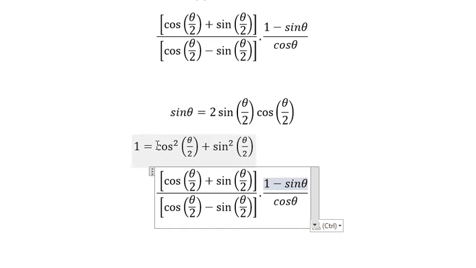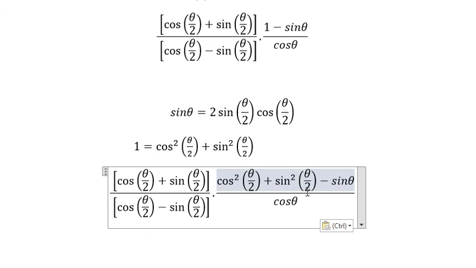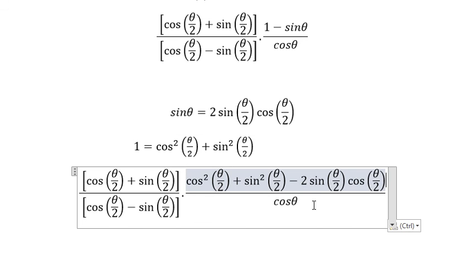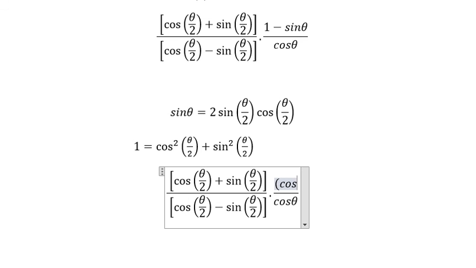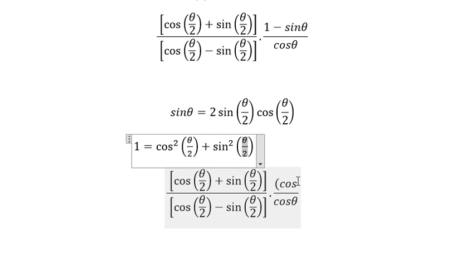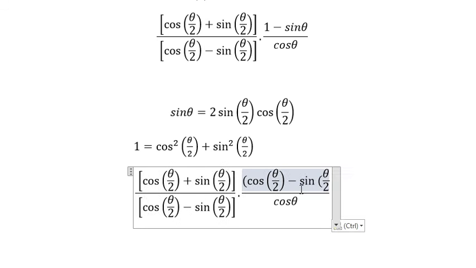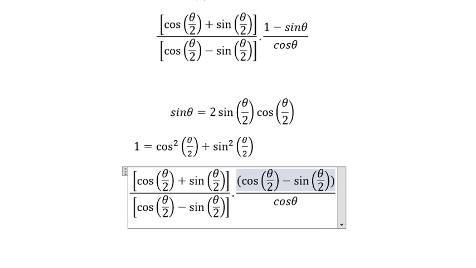So we change this one into this one, and sine theta we change to this one. And now we have cosine theta over 2 squared plus sine theta over 2 squared minus 2 sine theta over 2 cosine theta over 2. We will put it as cosine theta over 2 minus sine theta over 2, everything to the power of 2.